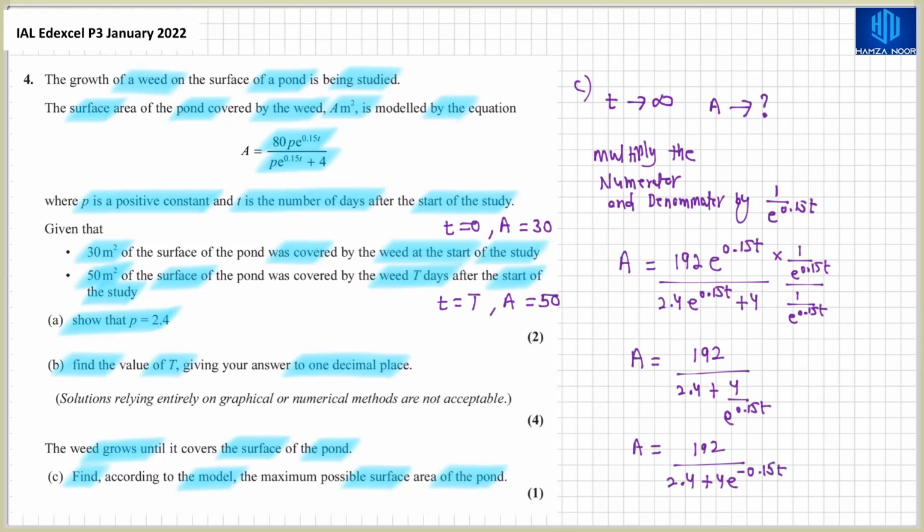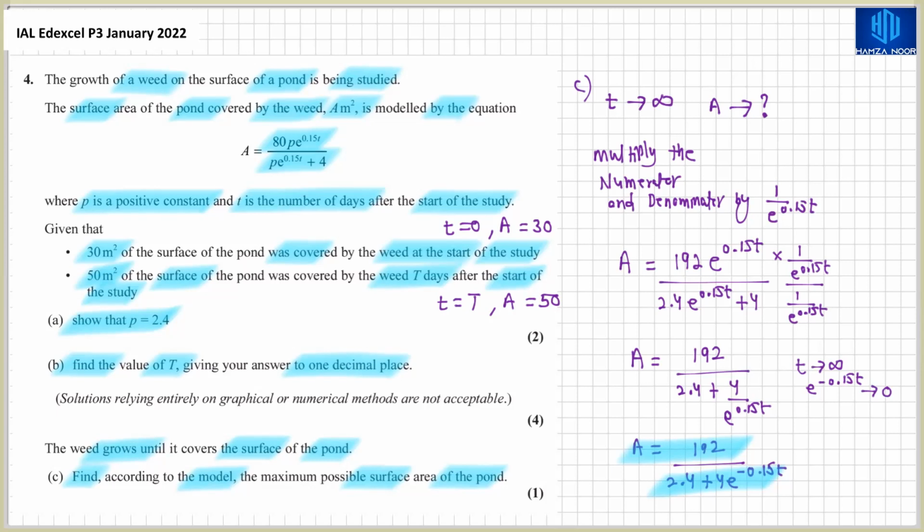So now we have successfully achieved a decreasing exponential term in our equation. Now we are going to say that when t approaches a very large value, e raised to the power minus 0.15t approaches 0, because here we have a decreasing exponential term.